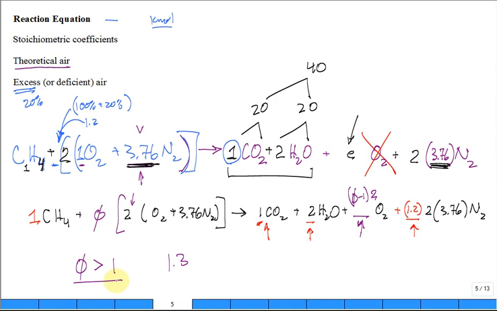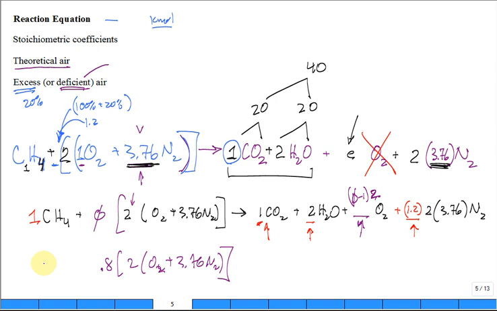Okay. What about when you have deficient air? This is a real challenge because you don't know. Let's say it was 80% theoretical air, or 20% deficient air. So you come in here and you go 0.8 times the 2 times the O2 plus 3.76 N2, right?